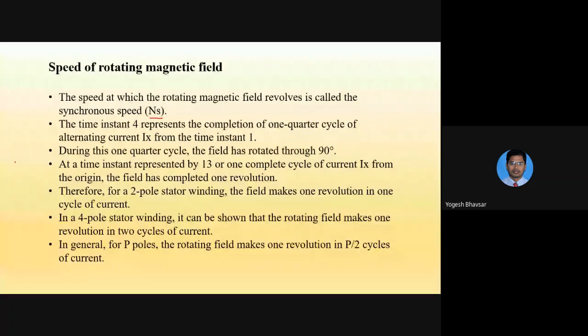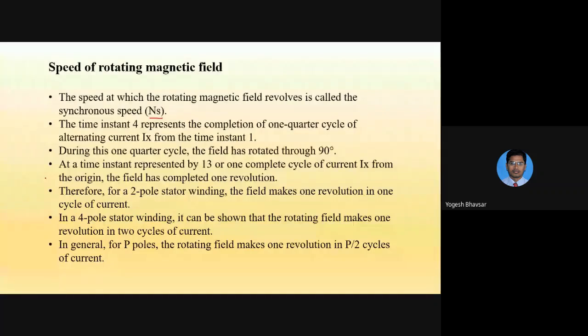At the time instant represented by 13, or 1 complete cycle of the current Ix from the origin, the field has completed 1 revolution. एक पूर्ण रिव्होल्यूशन असेल. मॅग्नेटिक फील्डचं कंप्लीट रोटेशन झालेलं आहे 360 डिग्री रोटेशन.